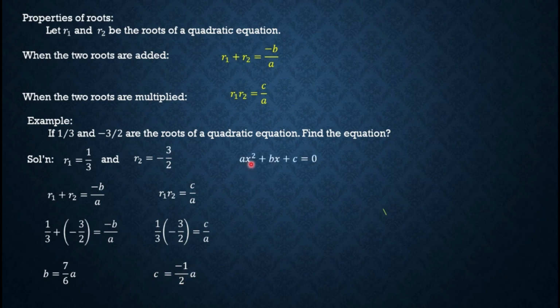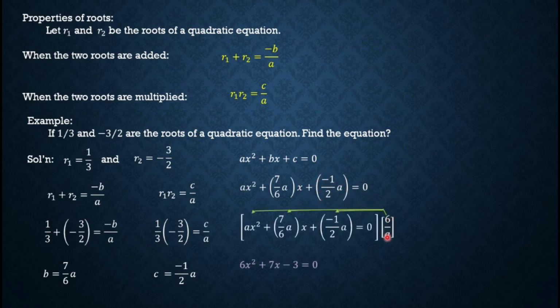We use the standard form of the quadratic equation and substitute b and c. So a x squared plus the quantity of 7 over 6 a times x plus the quantity of negative 1/2 a is equal to 0.